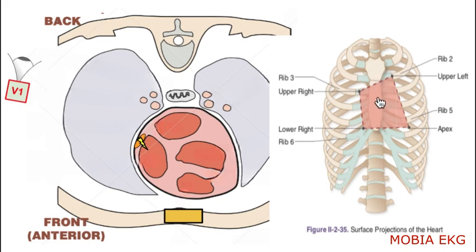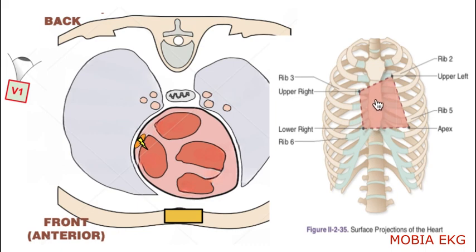The sternum consists of three different bones which are connected to each other. The upper part is the manubrium sterni, the middle part is the body of the sternum, and the lower part is the xiphoid process.